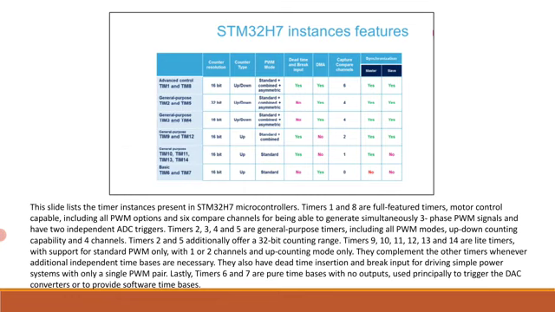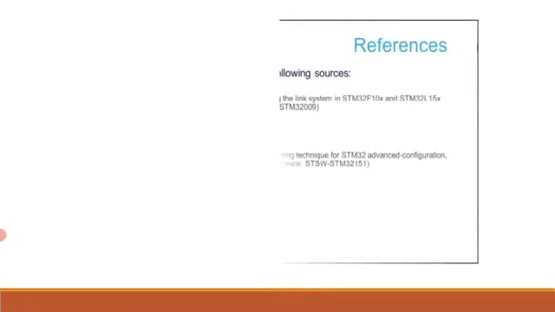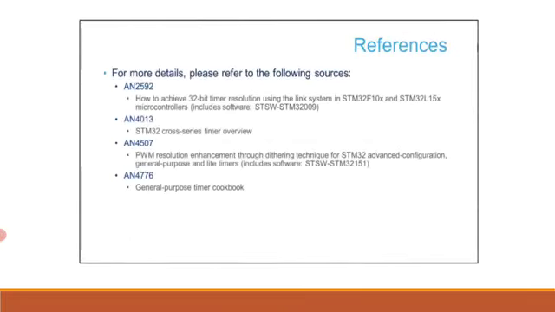After going through this table, for more details please refer to resources like AN2592, AN4013, AN4507 and AN4776 references: how to achieve 32-bit resolution using a link system in F10x and L15x, cross series timer overview and PWM resolution enhancement, and the GP timer cookbook.